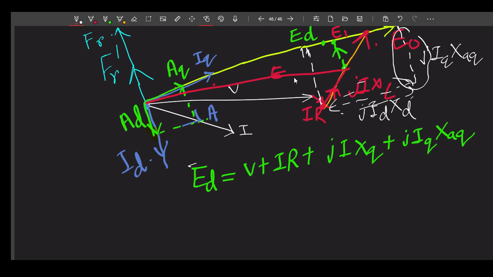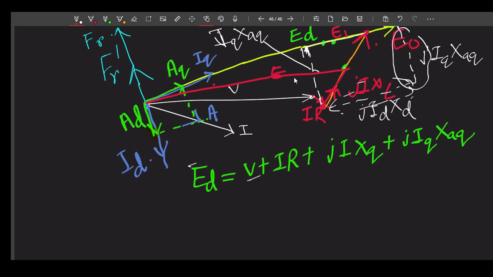This height would be IQXAQ. So basically we are tracking V this much, IR this much, then here we need to reach.